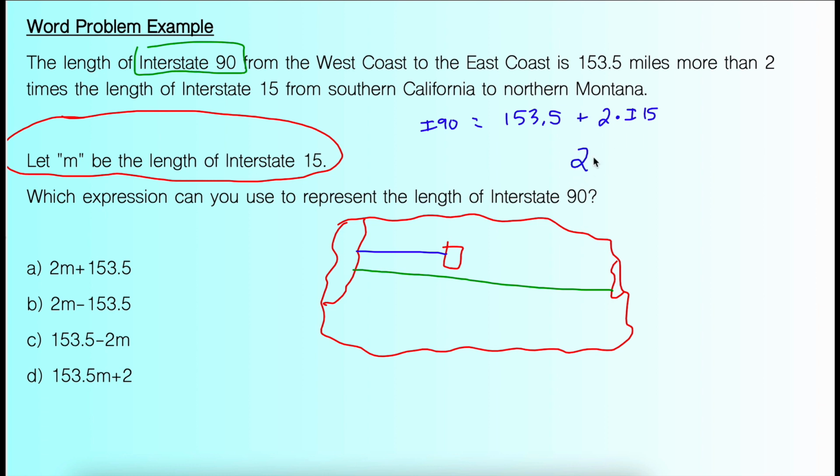So 2 times Interstate 15 is 2m, 153.5 miles more than that, so whatever that is, plus 153.5 more miles, that represents the length of Interstate 90. So this expression is what Interstate 90 is equal to. Double Interstate 15, so double m, and 153.5 more than that, so plus 153.5.